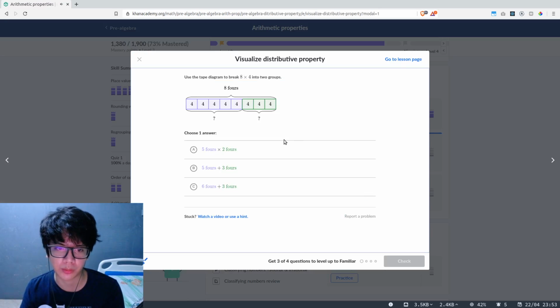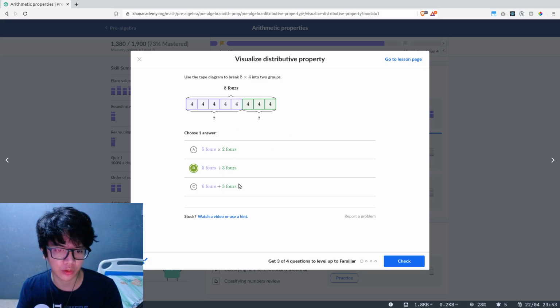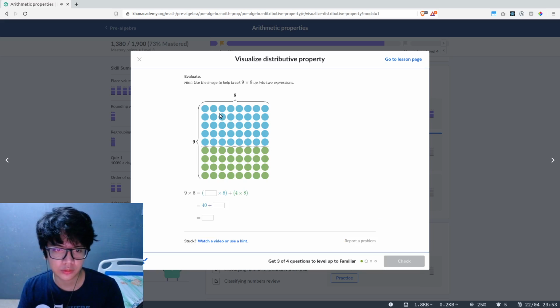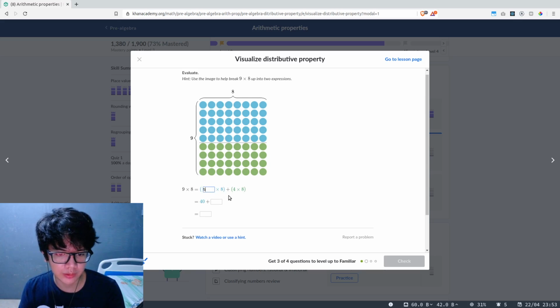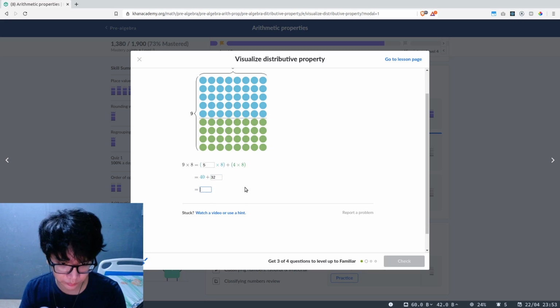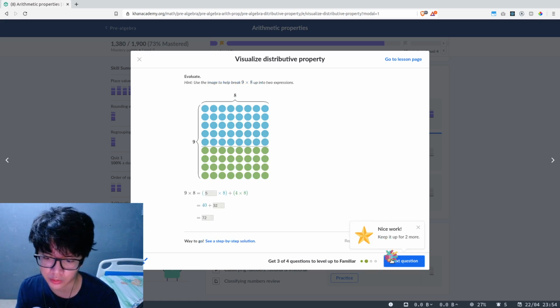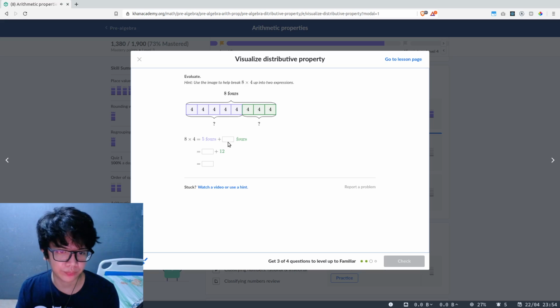Visualize distributive property. Use a tape diagram to break 8 times into 2 groups. Okay. 5 fours plus 3 fours. Use the image of 9 times 8 into 2 expressions. Okay, this 9, it's gonna be 5 times 8, and it's gonna be like 32. Was 70 correct? Yeah, it's correct. 5 fours and 3 fours.